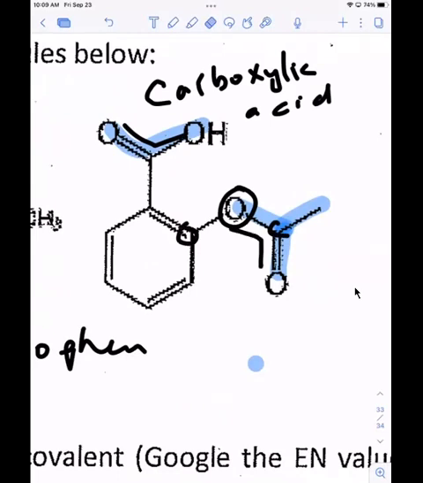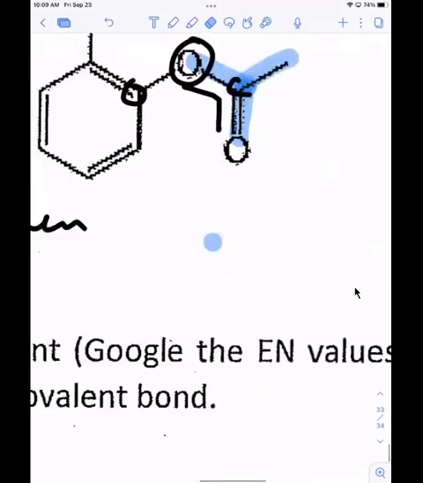Anhydride. Good. Okay, so you're in the ballpark, because an anhydride is a type of one of these functional groups. But an anhydride would look like this. It would look like that.